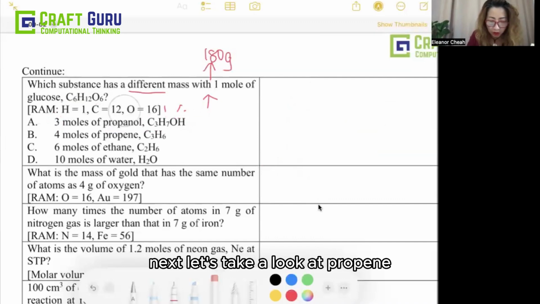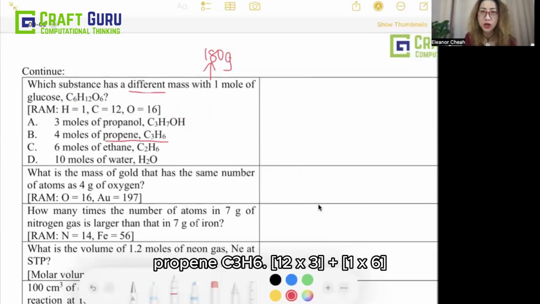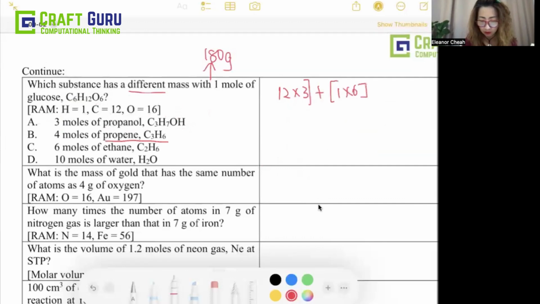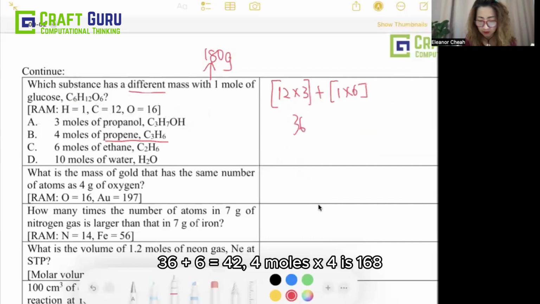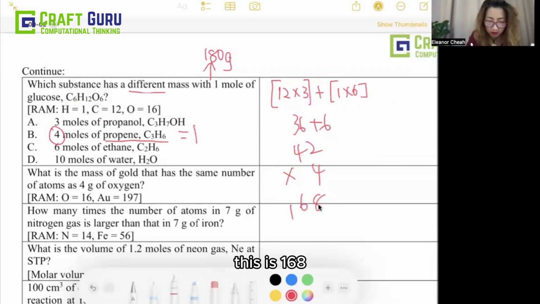Next, let's take a look at propene. Propene C3H6. So 12 times 3 plus 1 times 6. 36 plus 6, 42. 4 moles times 42 is 168.